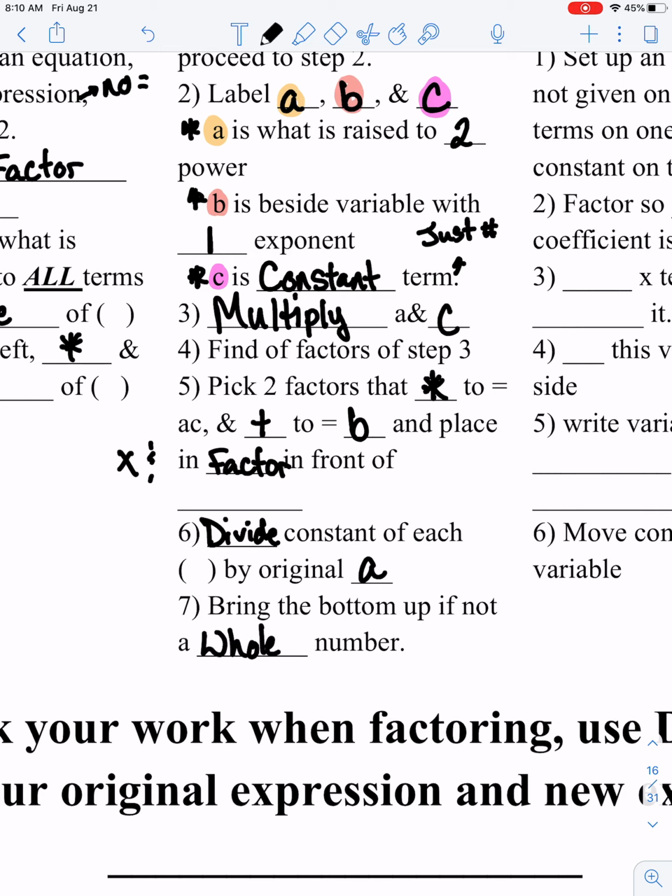And if it can't be simplified, or you simplify it as much as possible, you're going to bring the bottom, or what you're divided by, up in front of your x.